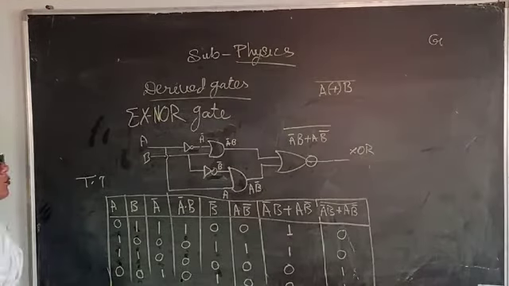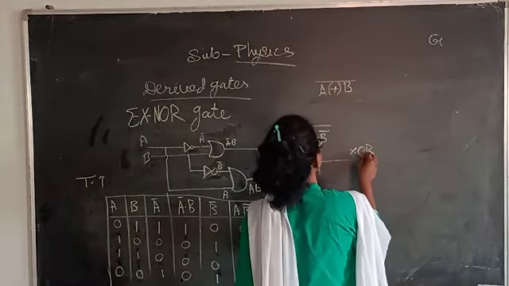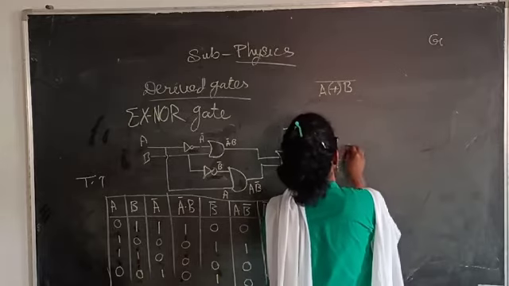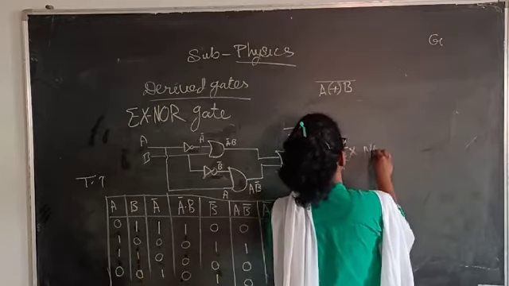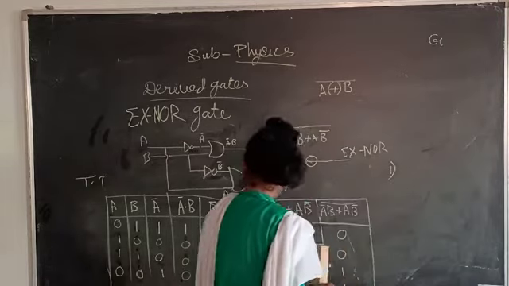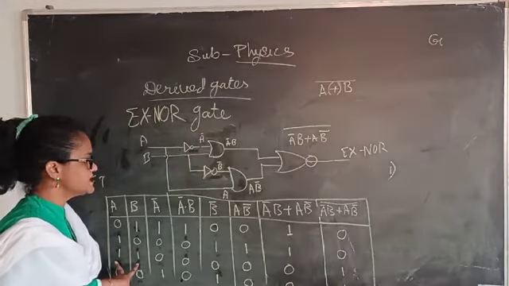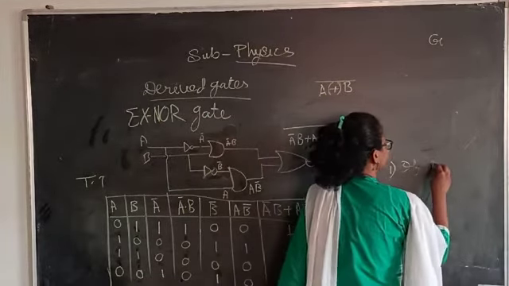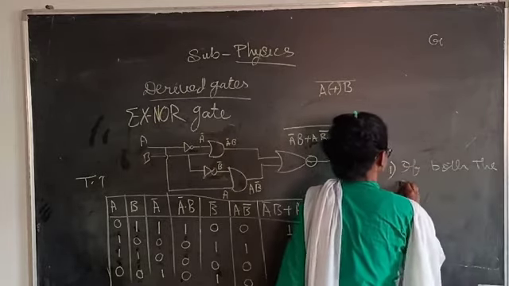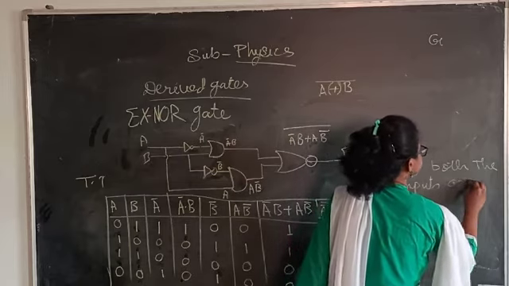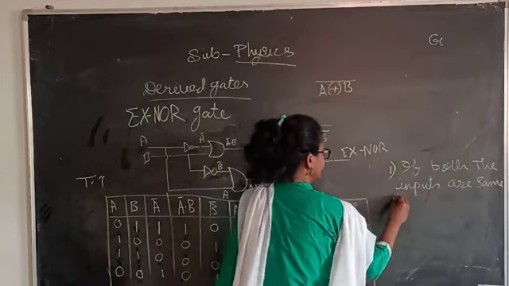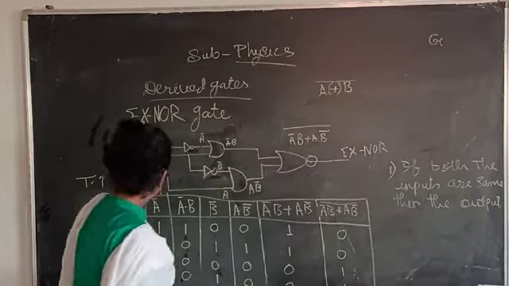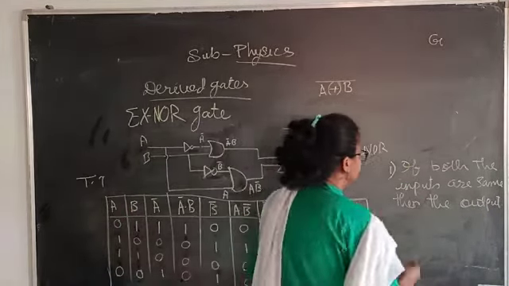So in that case, what we can conclude: first point is, if both the inputs are same, means 1 1 or 0 0, then the output is high.